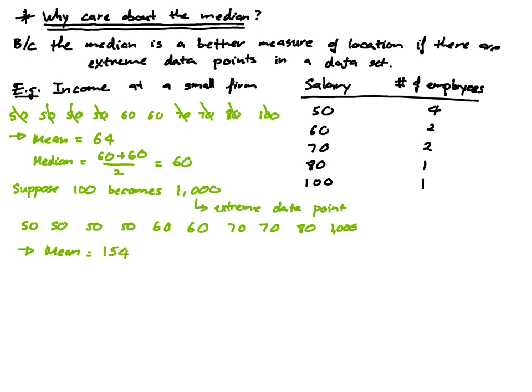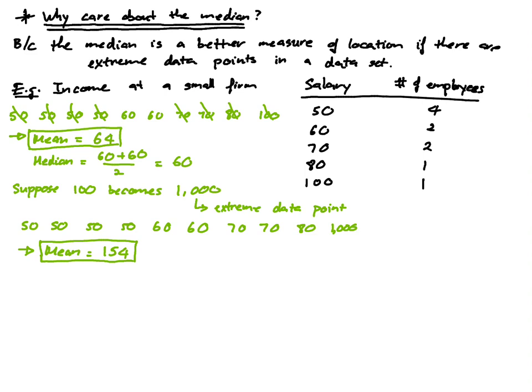Okay, so all of a sudden, when we have an extreme value in our data set, the mean goes from being equal to 64 to being equal to 154. That's an increase of 90.